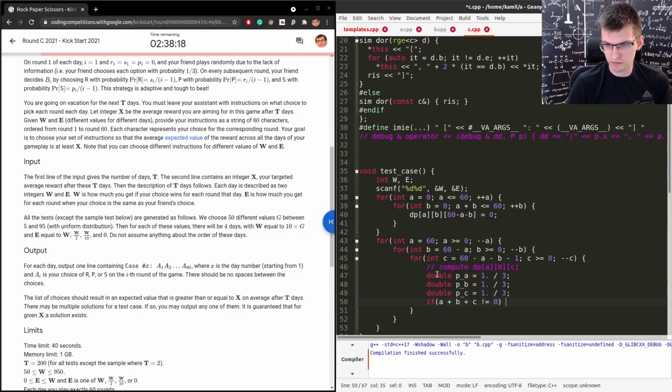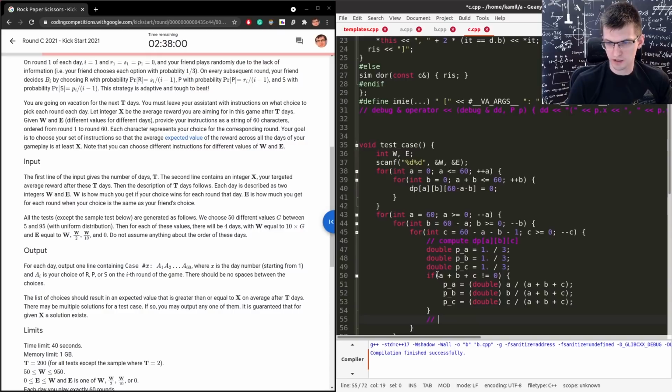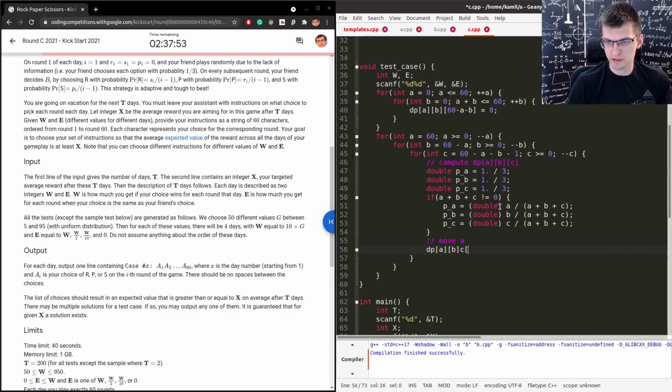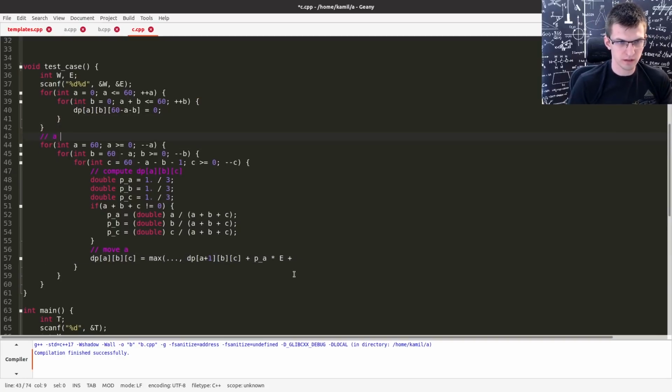If this is not 0, now I know his probabilities of moves, and I can consider moving A. It will be something like this. dp of A, B, C is maximum of itself, and I consider moving to this state, and I have this probability of tying, and then for a tie I get this, plus let's say A beats C, A beats B, B beats C, C beats A. Then I have this probability of winning if he moves B. That's that.